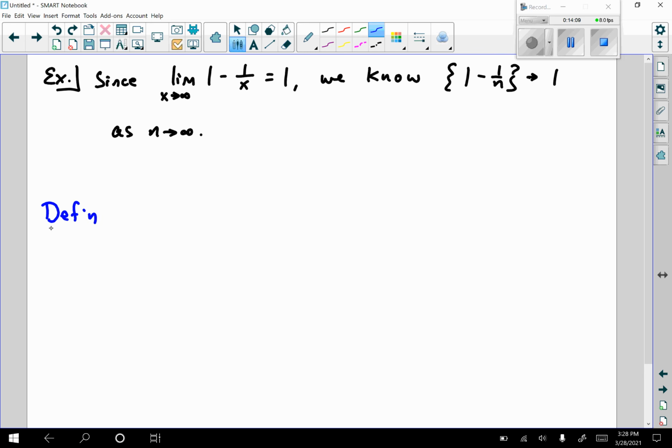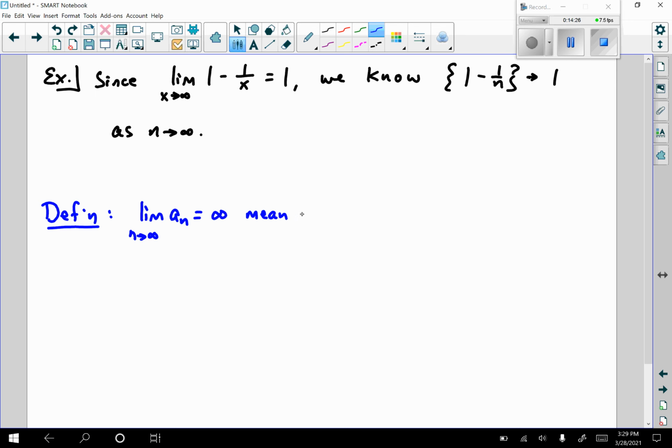We come to another definition. The limit of a sub n as n approaches infinity is equal to infinity, or keeps increasing without bound.